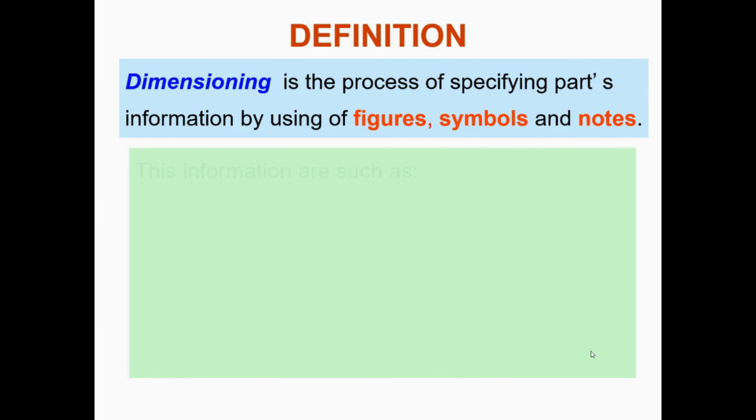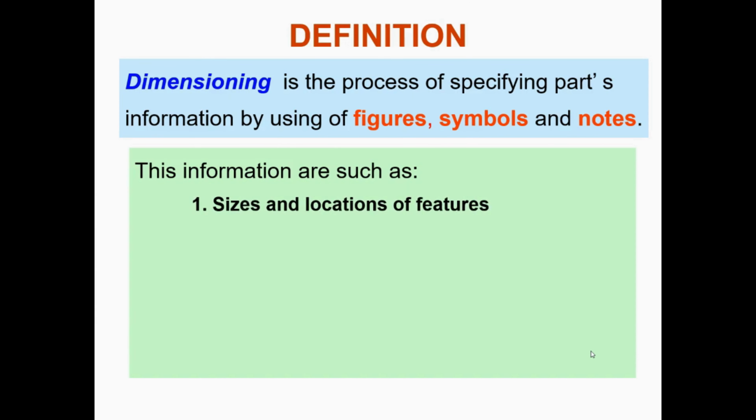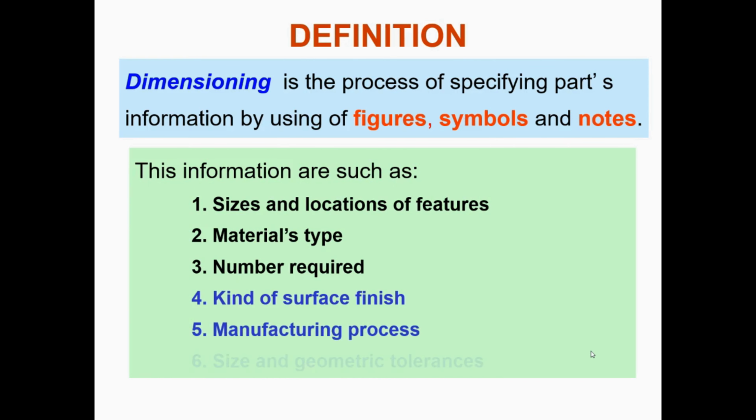Dimensioning is the process of specifying the part information by using figures, symbols, and notes. There are times where we include general notes or local notes in our drawing to communicate design intent. In this lesson, we will look at the size and location of features.